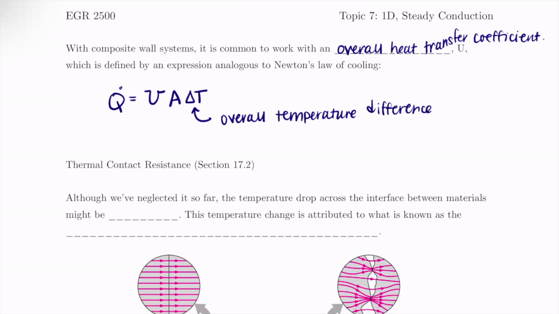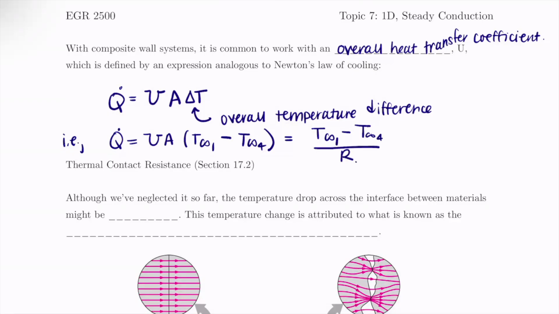So for example, we have that Q dot is equal to UA times T infinity 1 minus T infinity 4, where we can rewrite this as what we know from before is our equivalent circuit that combined all of those resistances.